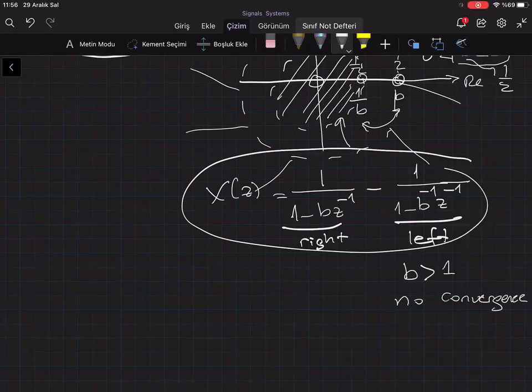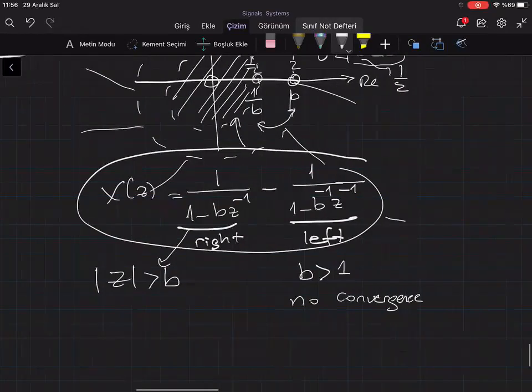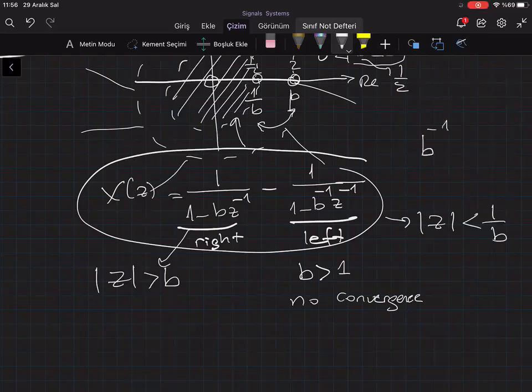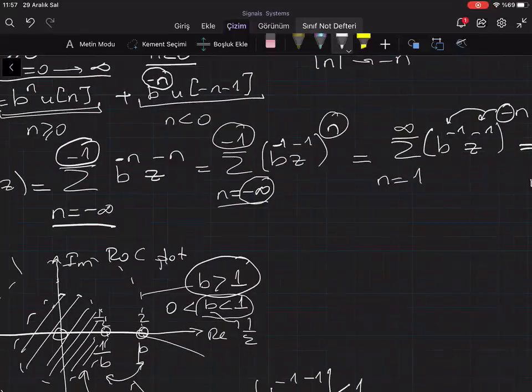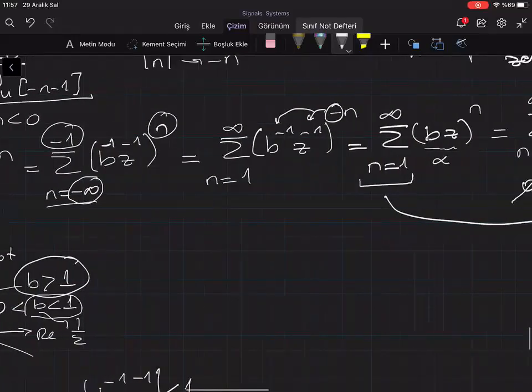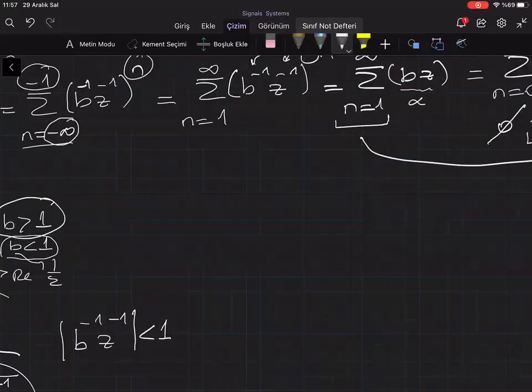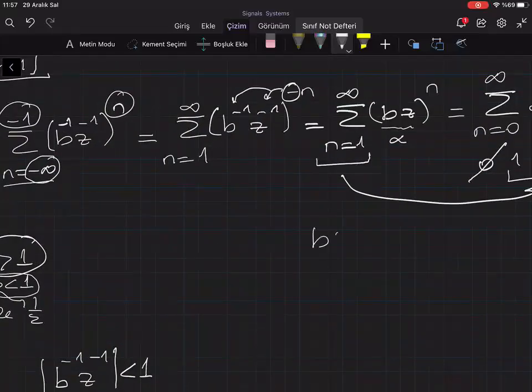Do we understand this, friends? So here Z is greater than B. Here Z is less than 1 over B. How did I find it? So B to the power minus 1, Z to the power minus 1, absolute value is less than 1, right? Friends, how did I do that part? Here, or BZ is less than 1.